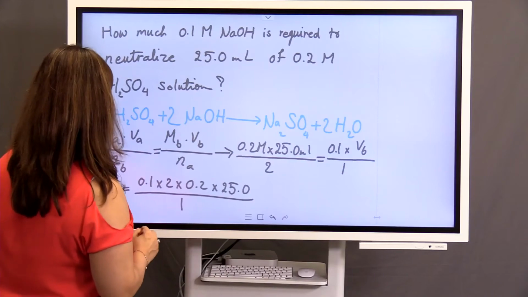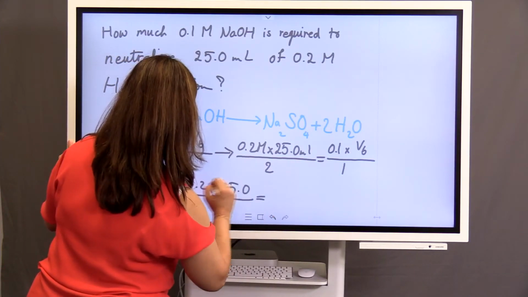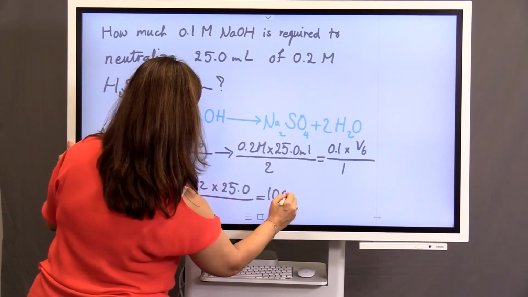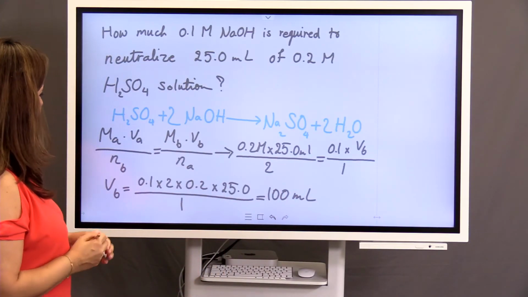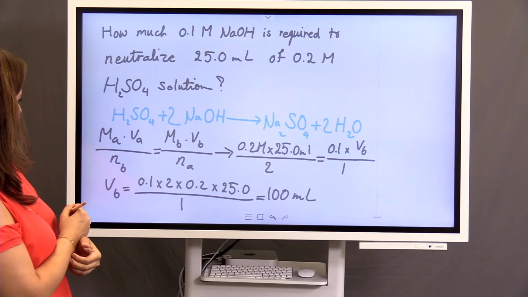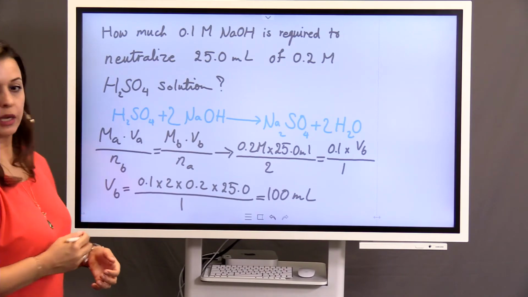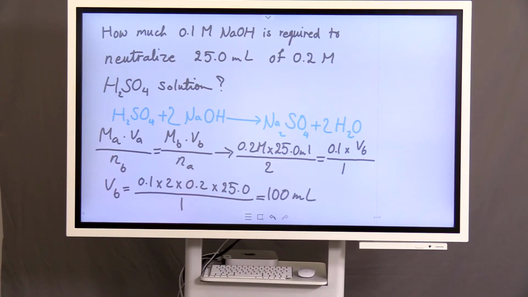So, is it going to be 100 milliliters? Let me calculate it real quick for you over here.